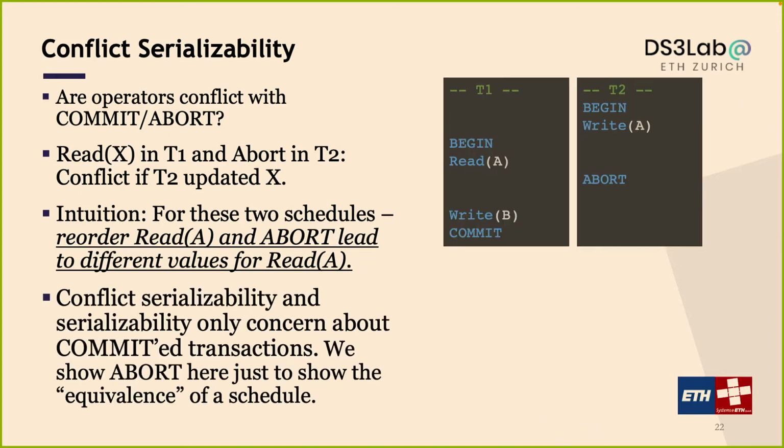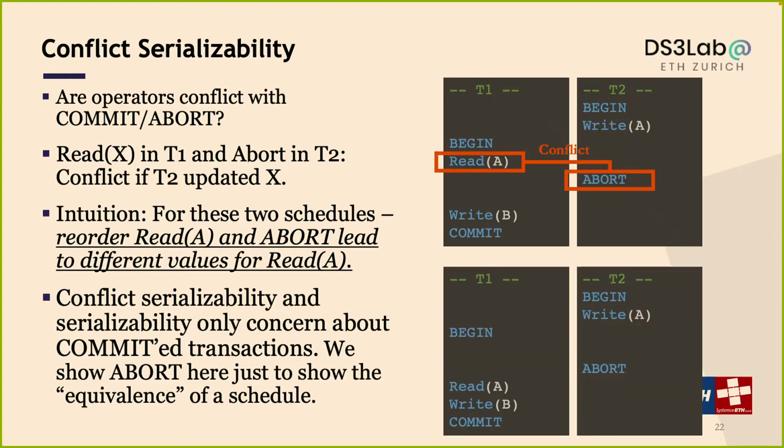So here's one example. You have this read and you have this abort. Think about what would happen if you swipe the order. In the first example, your read will come from the write in T2. In the second example, your read will come from the value before T2, because before this read, T2 aborts.